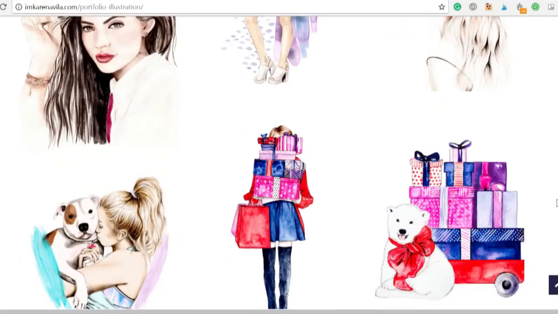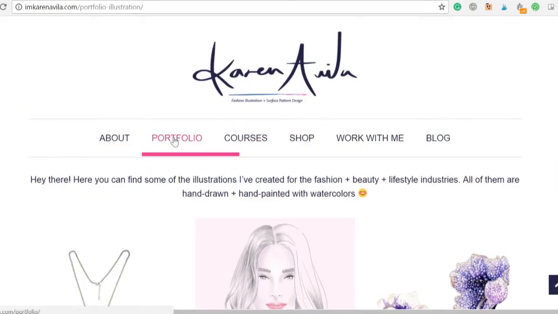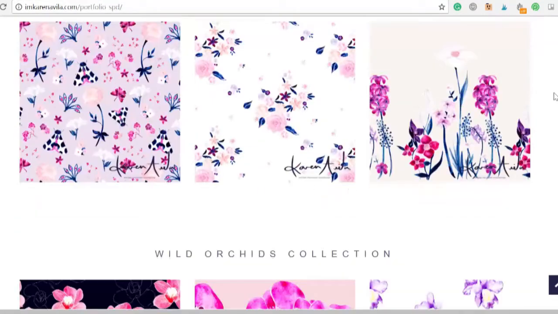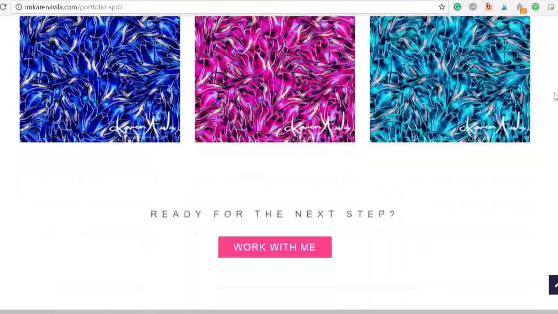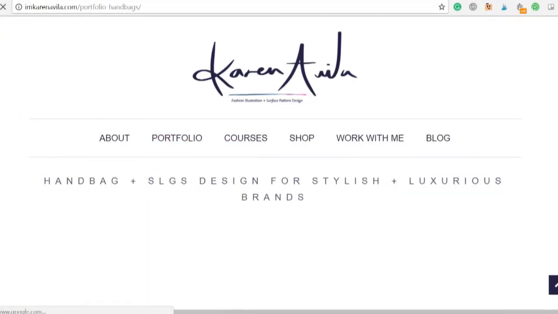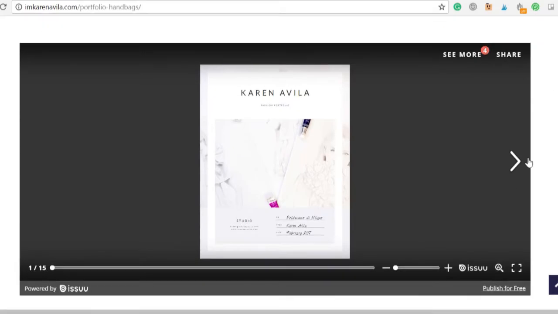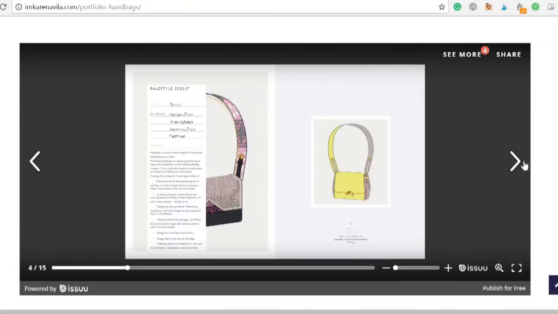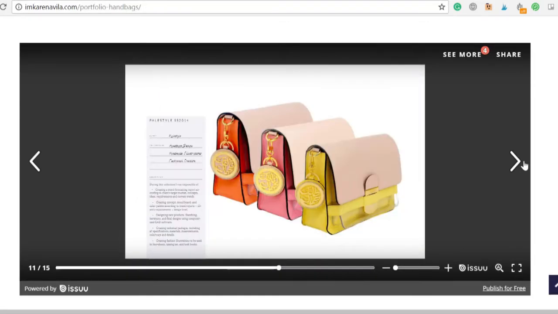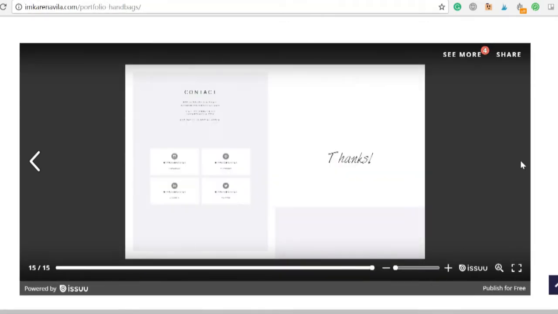Okay, so then you can showcase your work in your website. You can create a portfolio on your website. It can be as simple as this kind of website that I'm showing. This is my own portfolio at karennavila.com, and you don't need to be too crazy about your first portfolio as long as you are showcasing your work.